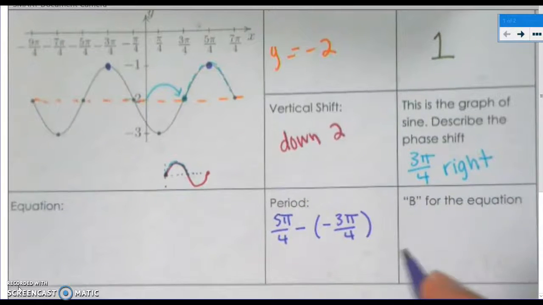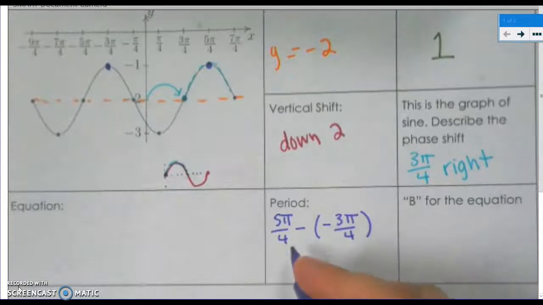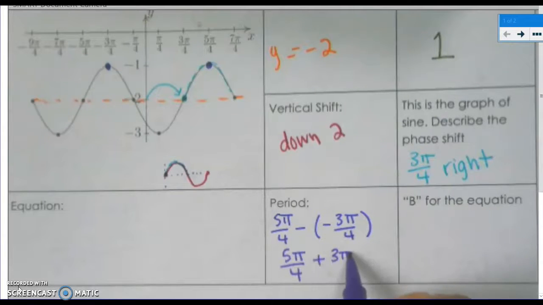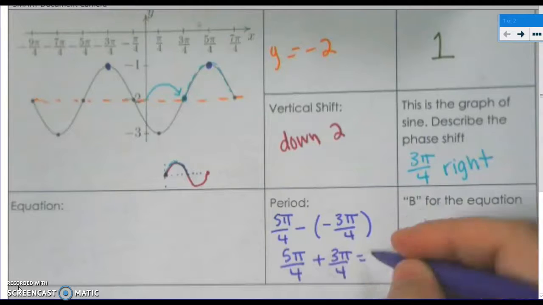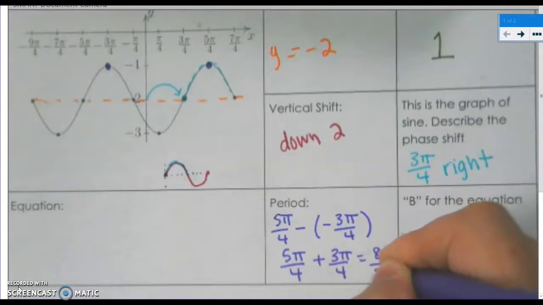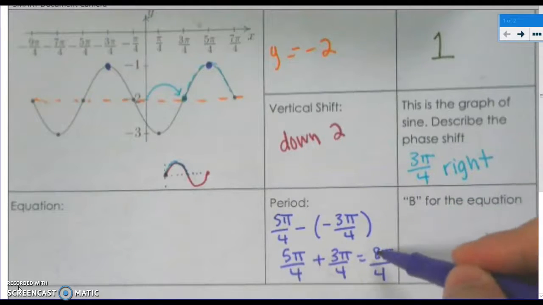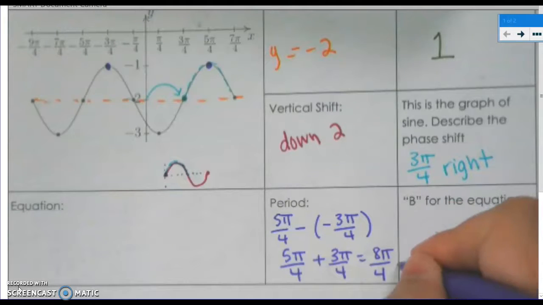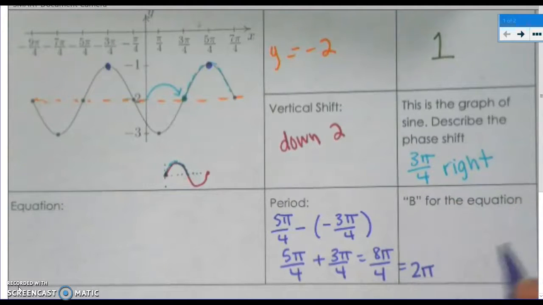And that will give me the distance in between those, which would be my period. Now that's the same as 5 pi over 4 plus 3 pi over 4. So 8 pi over 4. And 8 divided by 4 is 2, so that is the same as 2 pi.